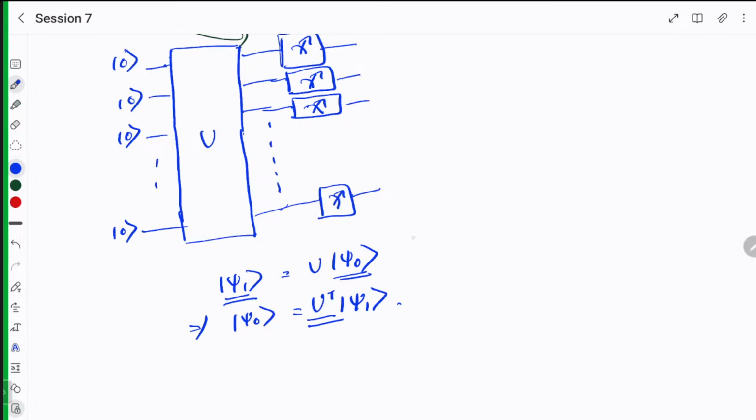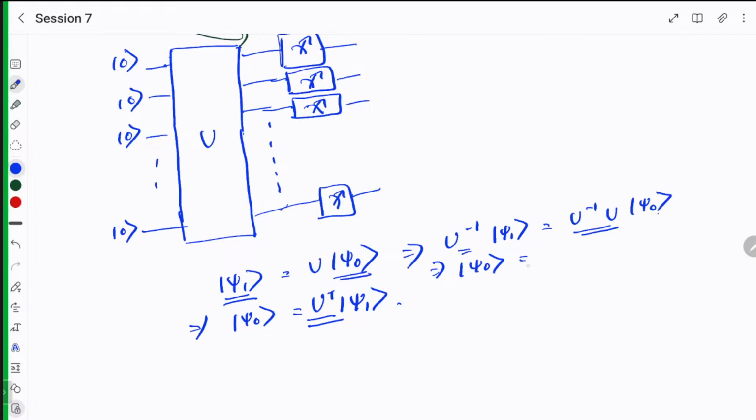In general, you would multiply both sides by U inverse, then you would get U inverse U psi naught, and this would be identity, so you would get psi naught.